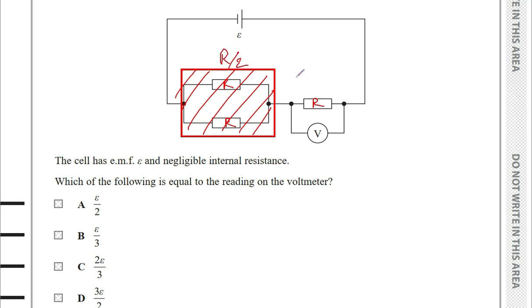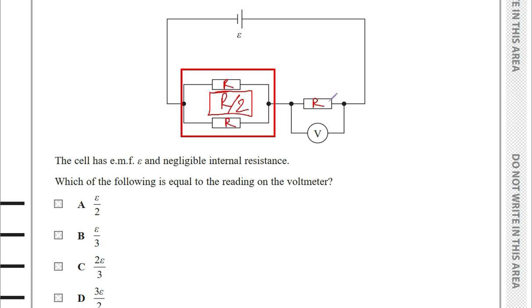And just the opposite thing happens when it comes to series. Resistances add up, right? So the total resistance of this part is R by 2, right?